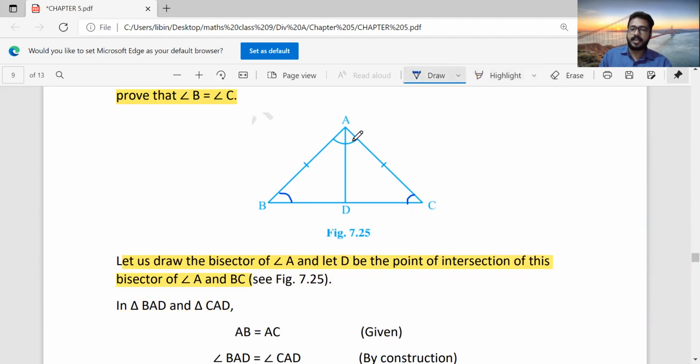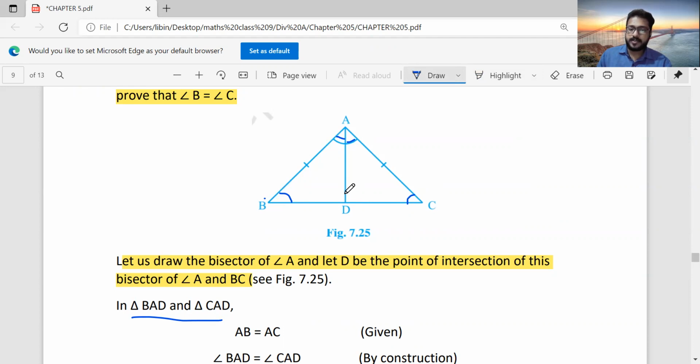We are drawing a line which bisects angle A and meets at the point D, so that this angle and this angle are equal. Now we are considering triangle BAD and then triangle CAD. Our aim is to prove these two triangles are congruent.